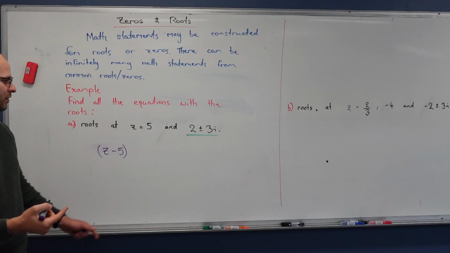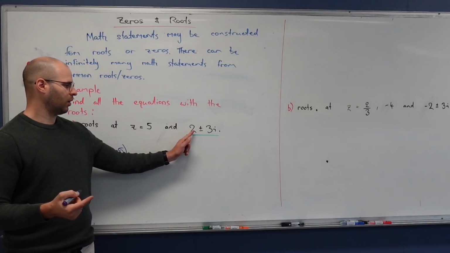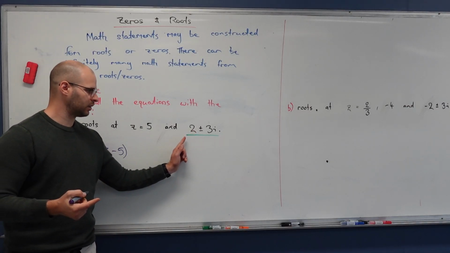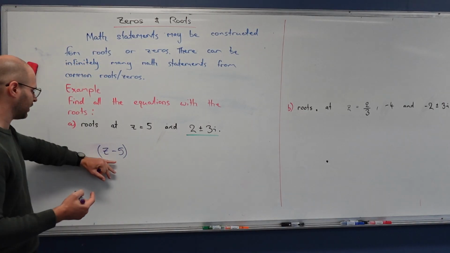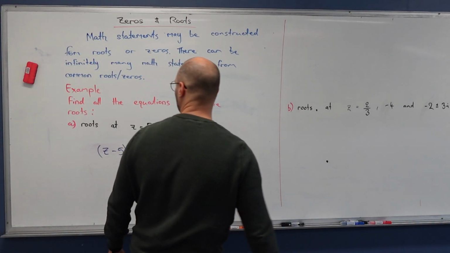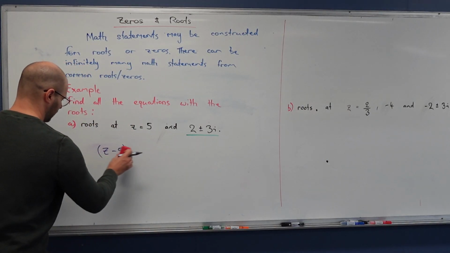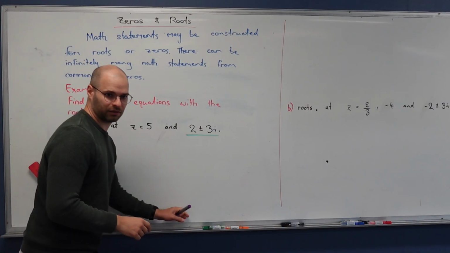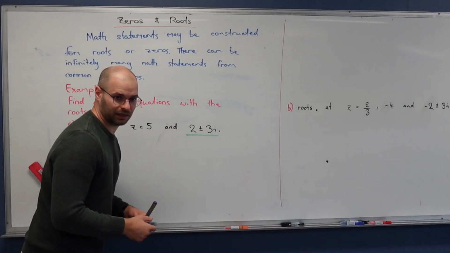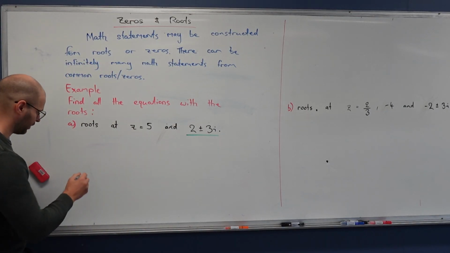The next thing we need to figure out is what our expression would be if this was a zero here. I'm just going to get rid of this because we'll do some working out above. Do you remember the sum and the product method for finding equations?